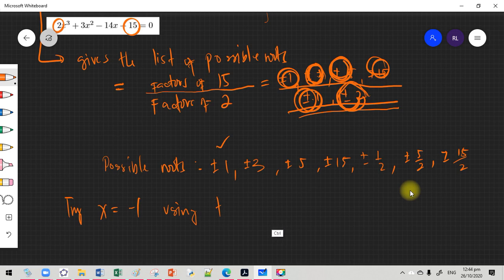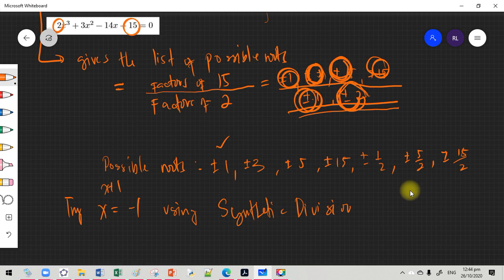Meaning, if x plus 1 is a factor, therefore x equals negative 1 is the root. Remember that: x plus 1 is the factor, x equals negative 1 is the root.